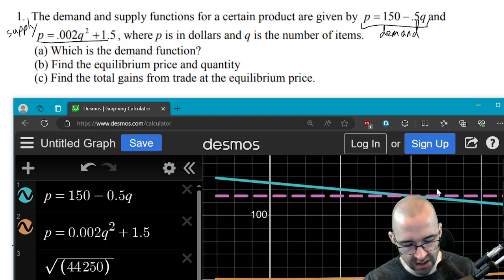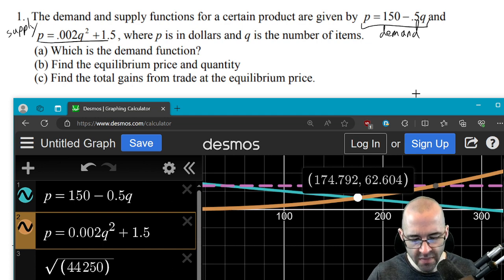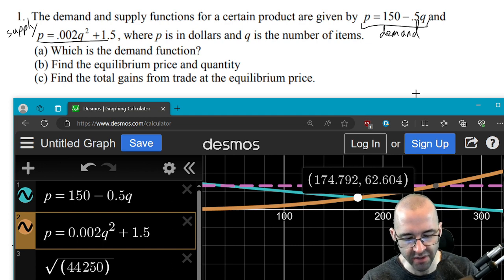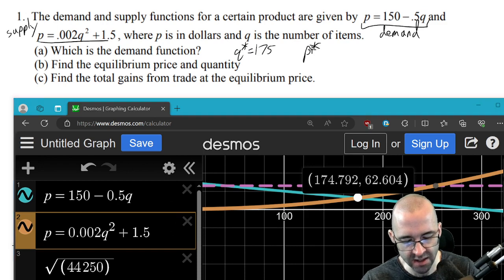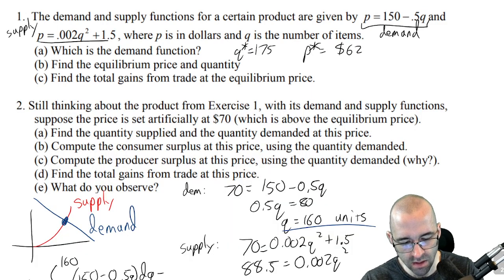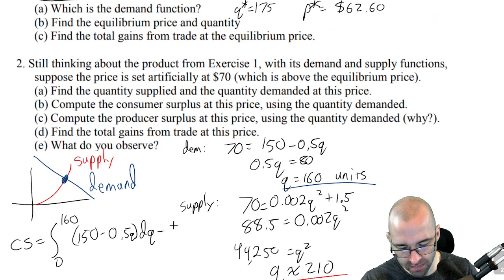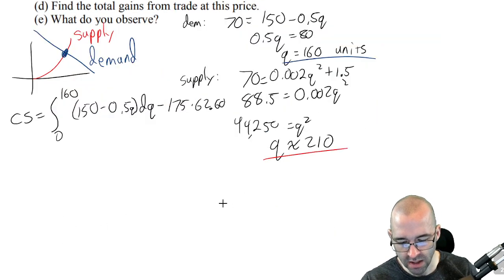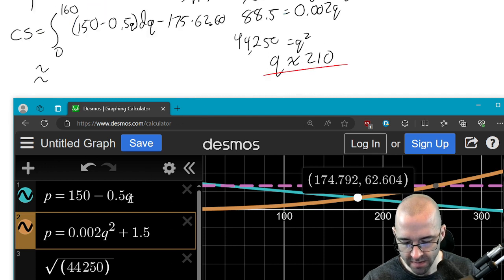And we can visualize that. To get the equilibrium price, Q star was 175 items approximately, and P star was 62.60. So Q star times P star is 175 times 62.60 approximately.